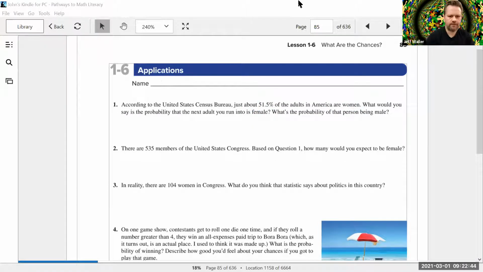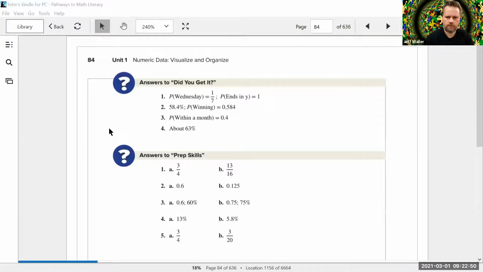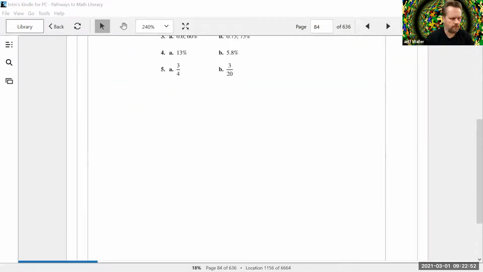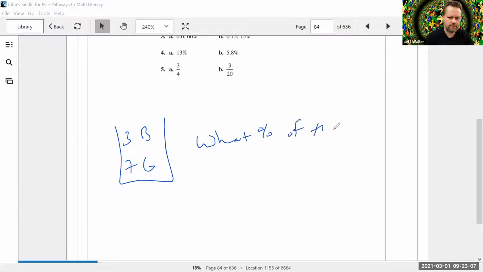Let me see if I can find some blank space here. All right, here we go. So let's say in a bag, there are 3 blue poker chips and 7 green poker chips. What percent of the chips are blue? 30.